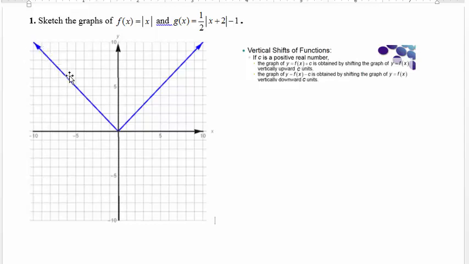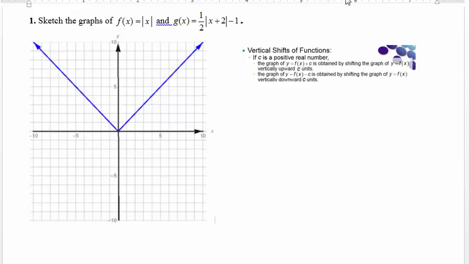Here the graph is going downhill. At this point it suddenly turns around and starts going uphill. And when I look at g of x, all of these numbers, the 1/2, the 2, the -1, all play a role. So the first thing I want to look at is the vertical shift that's happening with this function.